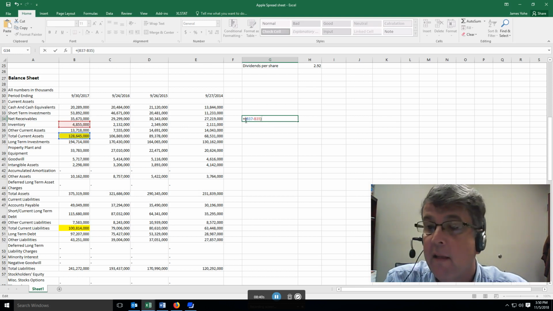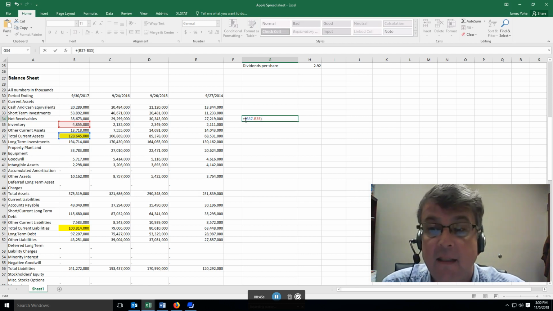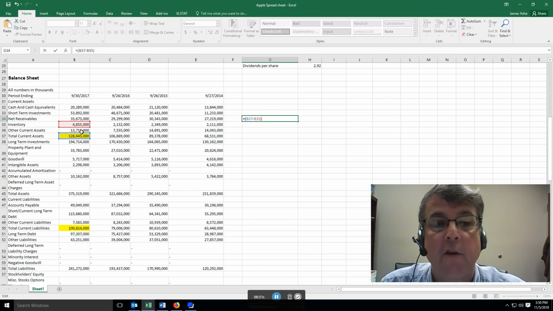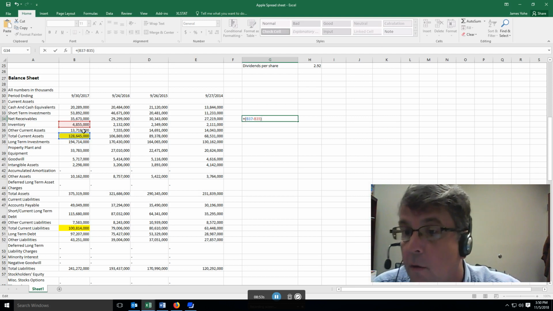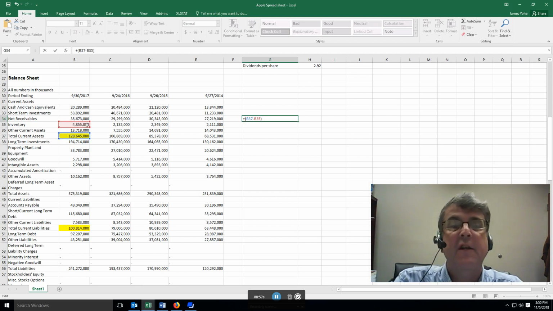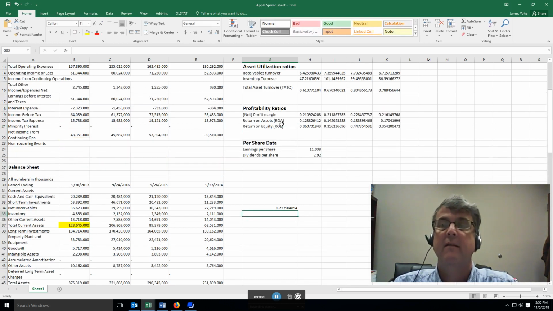Okay, that right there is total current assets minus the inventory. I might also subtract other current assets if I don't know what they are. Okay, and I did that above. Then I'm going to divide that by total current liabilities like I did with the current ratio, and I got 1.2279.